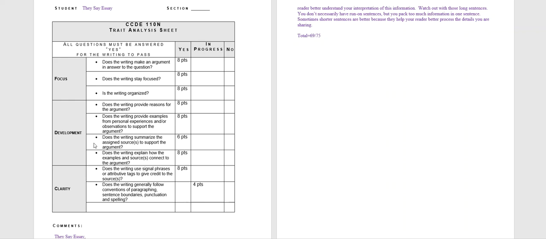In regards to development, you want to make sure that the reasons you provide for the argument all connect back to that argument or to your thesis statement.